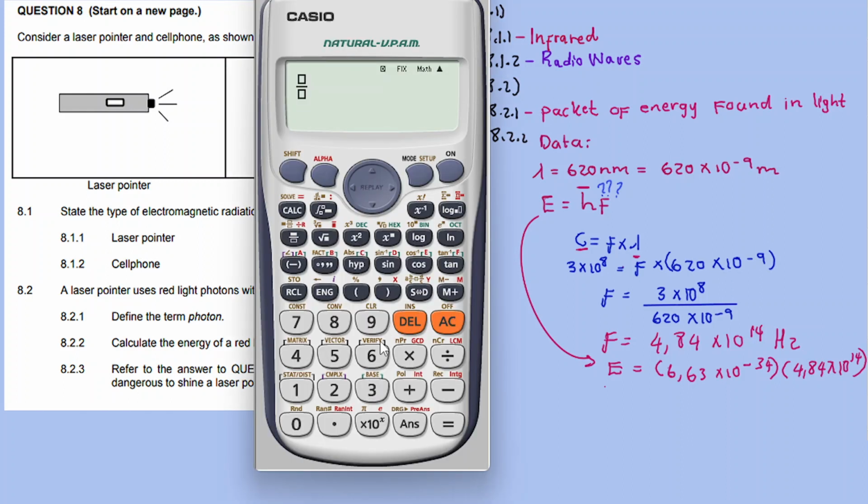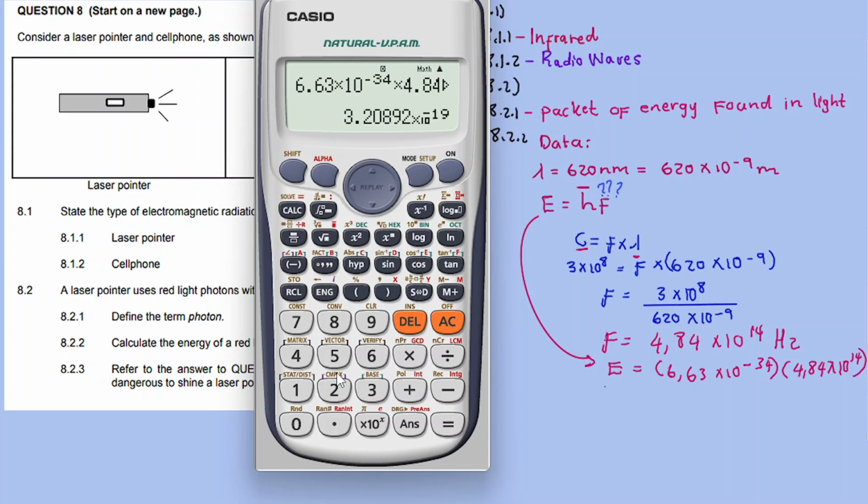So we calculate 6.63 times 10 raised to exponent minus 34 times 4.84 times 10 to exponent 14. Let me fix it.